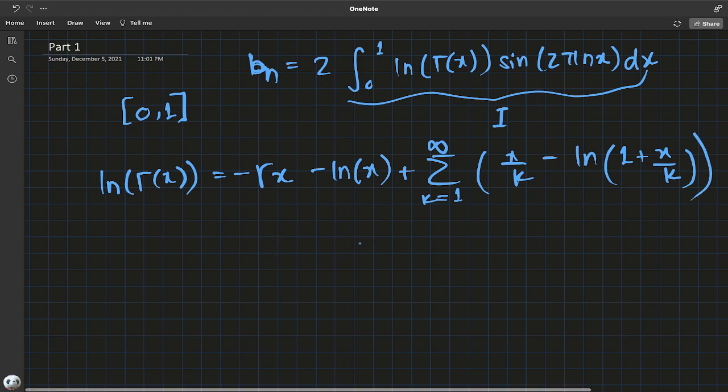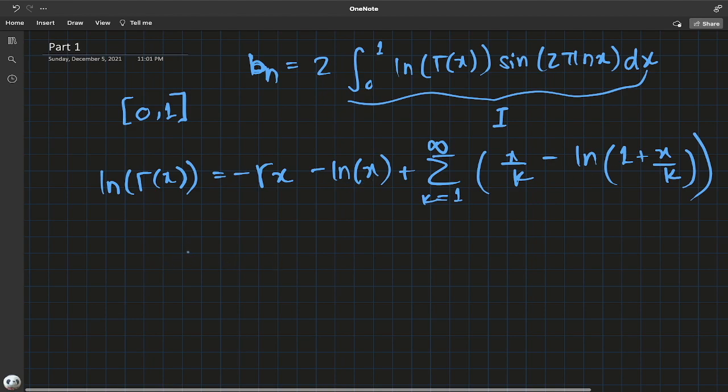What you notice here is that there are these linear terms, one outside and one inside the summation, and the same thing with the natural log, with the exception of different arguments.